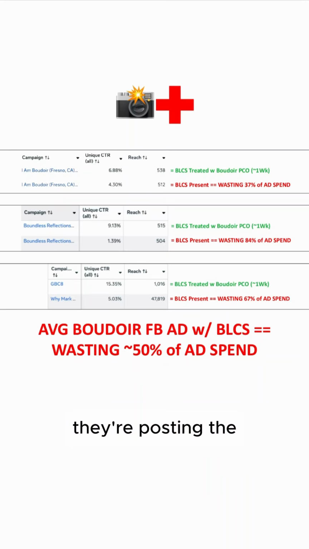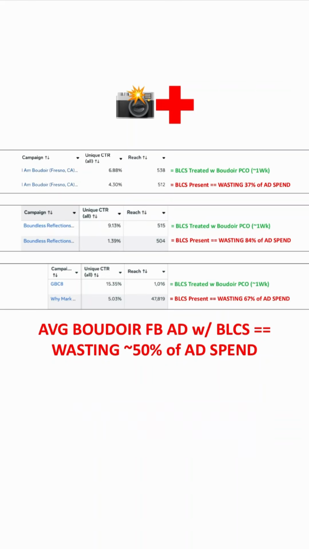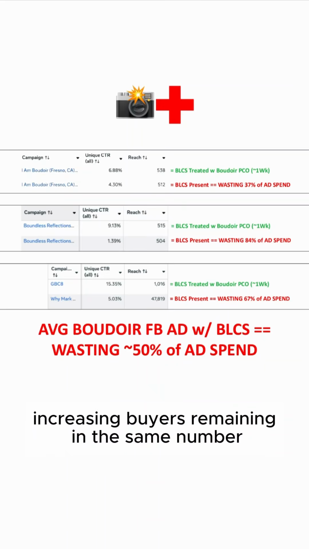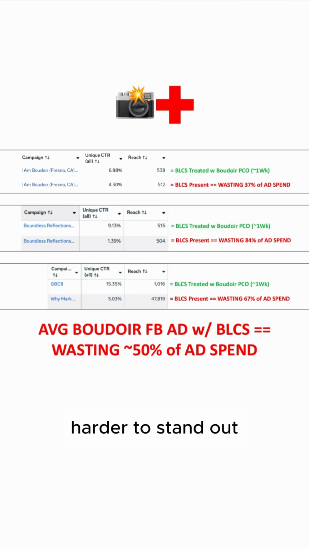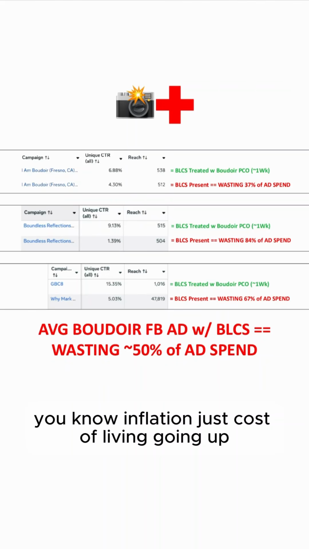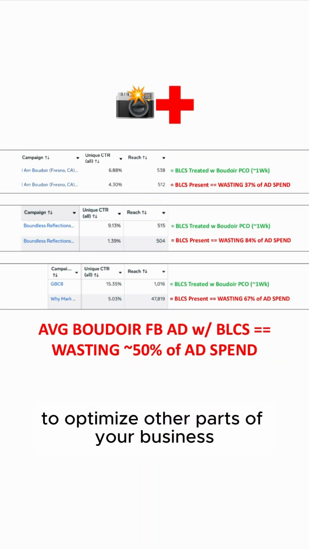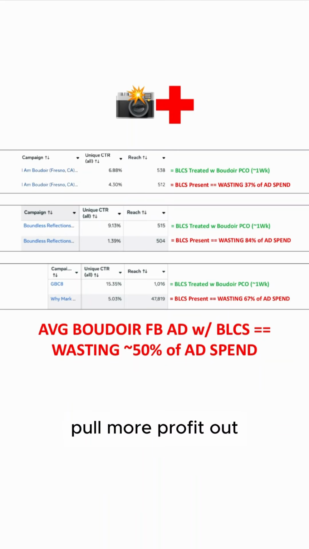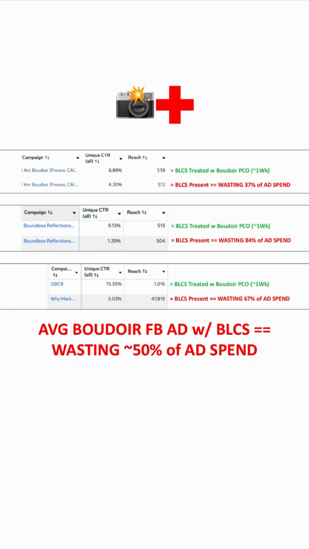They're posting in the mom Facebook groups, and the supply of boudoir photographers is increasing while buyers remain the same number, which is making it more and more competitive, harder to stand out. And you've been seeing inflation, the cost of living going up. So you've already taken steps to optimize other parts of your business, pull more profit out, to still be successful.